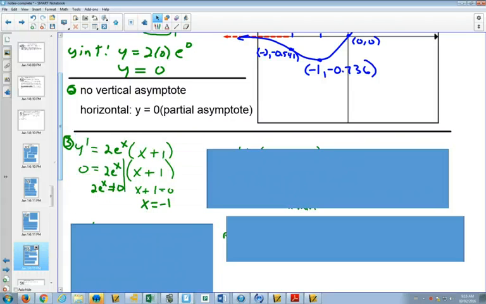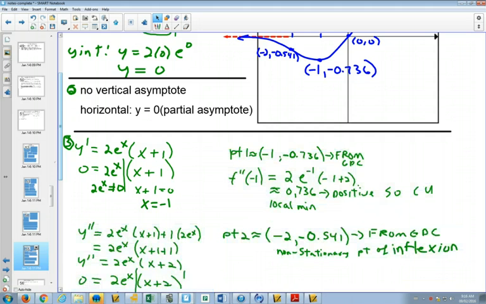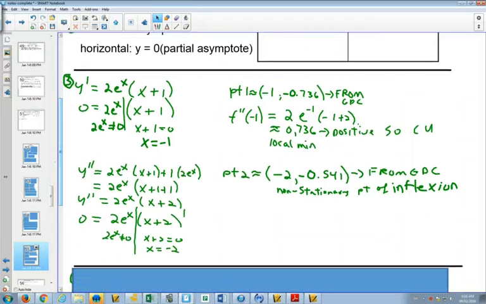So next, if we look at our derivative, and here factoring makes a lot of sense. Once we get our derivative and set it equal to 0, again, e to the x is never equal to 0, so you're going to get x equals negative 1. And if you do your second derivative, same thing, you're going to get x equals negative 2. So we know that negative 1 is going to be a maximum or a minimum.